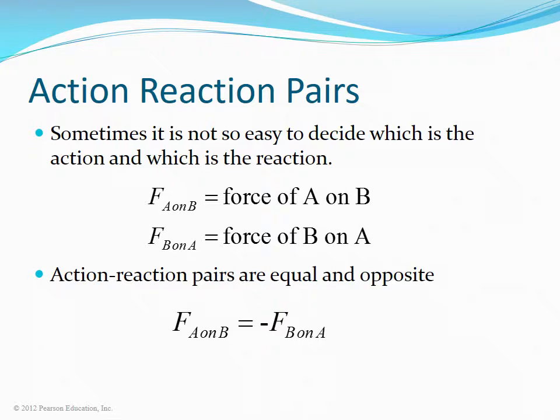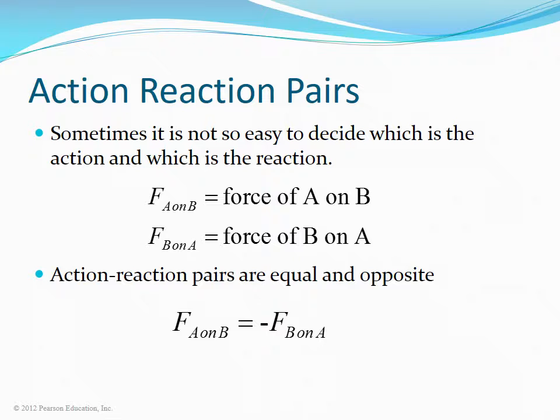Sometimes it is not so easy to decide which is the action and which is the reaction. In truth, it doesn't really matter. You can easily call one the action and the other the reaction without affecting the final answer. To make this simpler, we will use the notation F of A on B, which is the force of A on B, and we will use F of B on A, which is the force of B on A. Either can be called the action and the other the reaction.